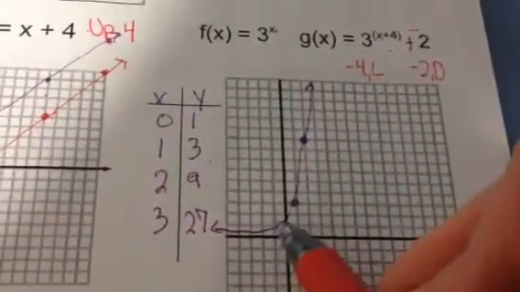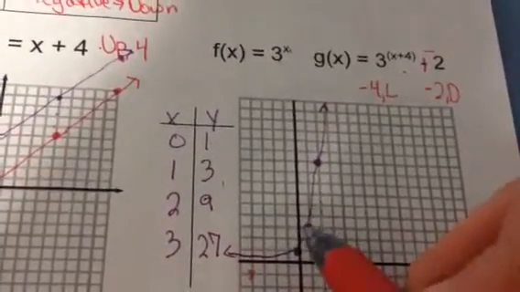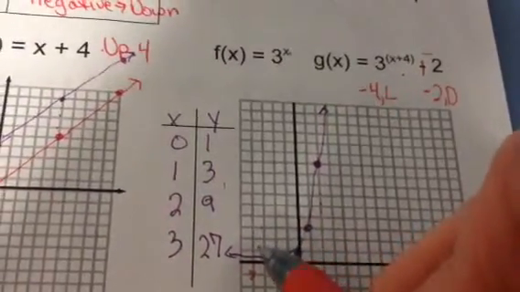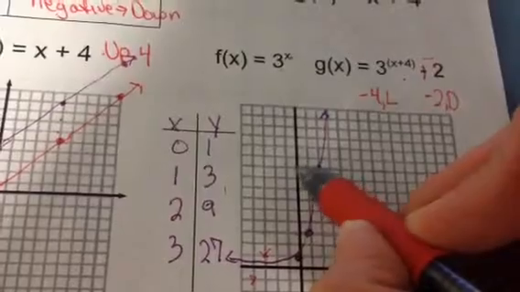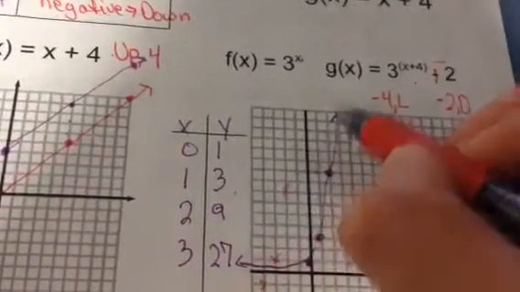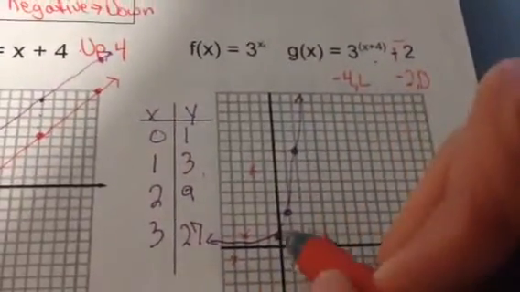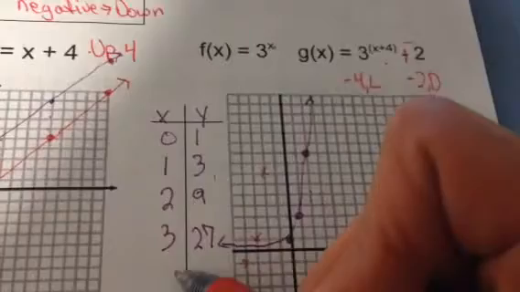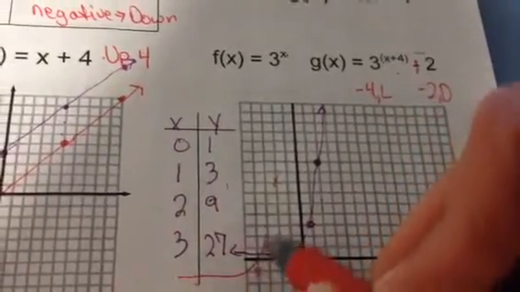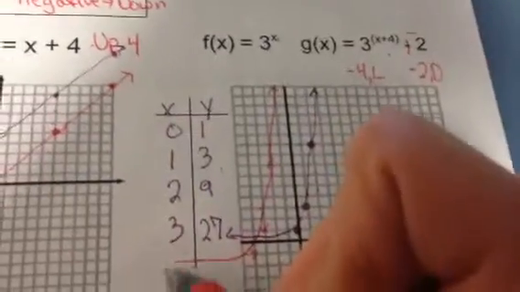So all these points are going to go left 4 and down 2. This one's going to go left 4 and down 2. Left 4. Let's see, 1, 2, down 2, and that's it. I don't have any more points to graph. And then remember how this kind of flattened off with the last point? It'll flatten off with the last point here.